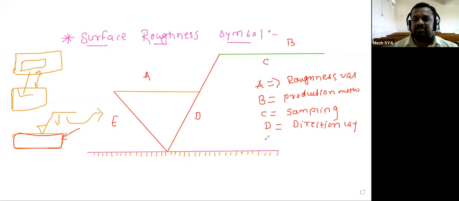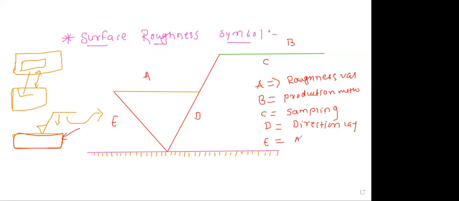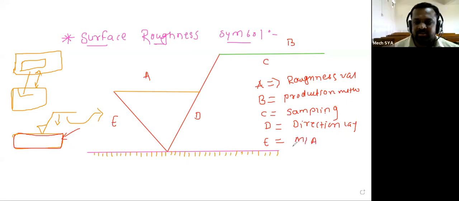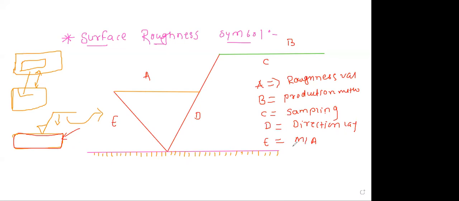That means, what is the pattern of that roughness: parallel, perpendicular, circular, multiple, cross, like that. Now tell me what does E indicate? Machining allowance. In this way they will also ask the question. So, understood?